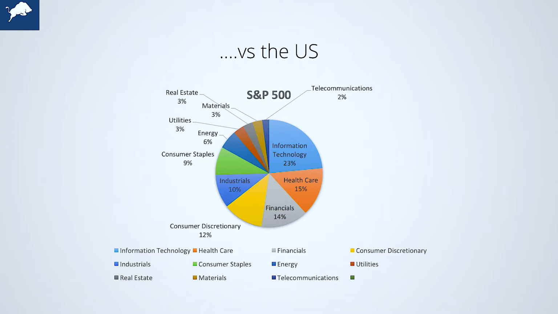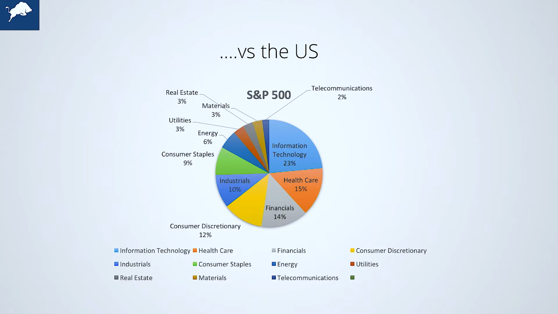So not only does international investing give you regional diversification, it also diversifies you away from being overly exposed to certain specific sectors. That's another reason why I believe diversifying away from just Australia is important.